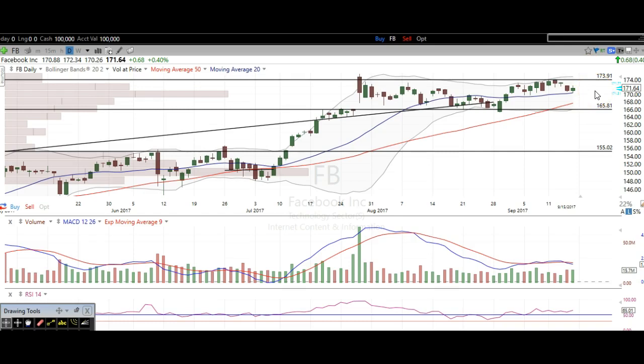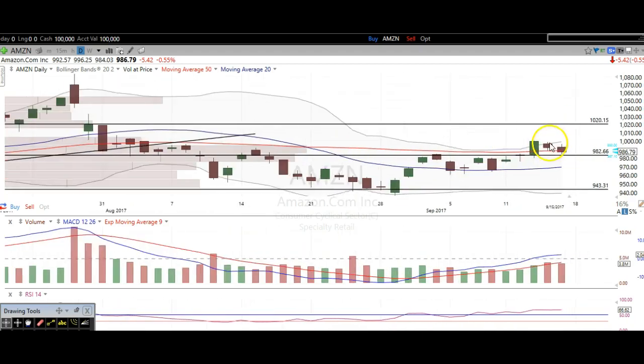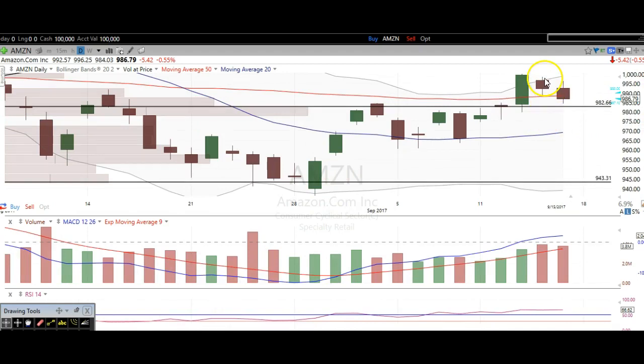The next one is Amazon, and Amazon is nesting really nicely here above this support. Here we had this resistance. We broke over it right here on Wednesday, and then Thursday and Friday we just saw some really nice calm inside days of this breakout day.